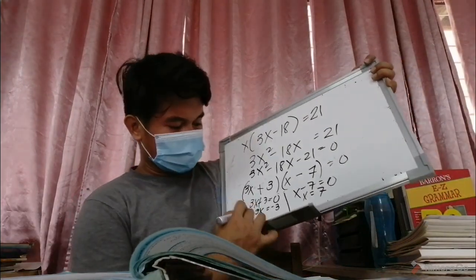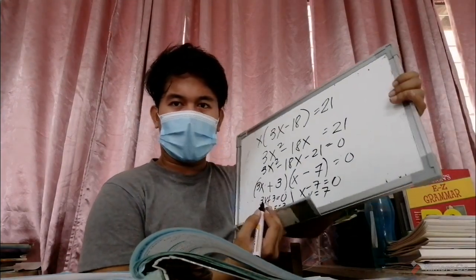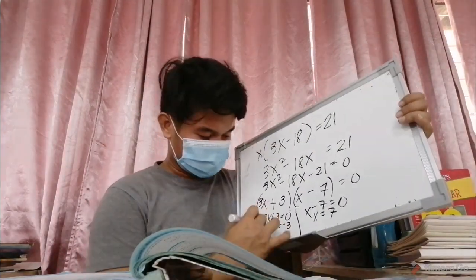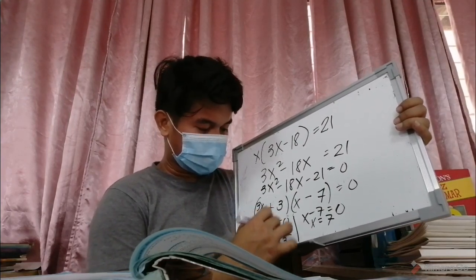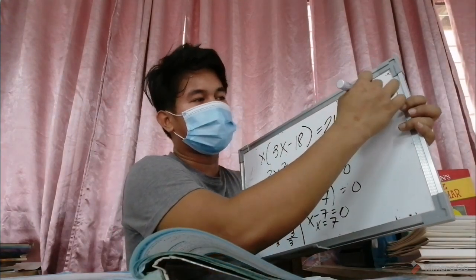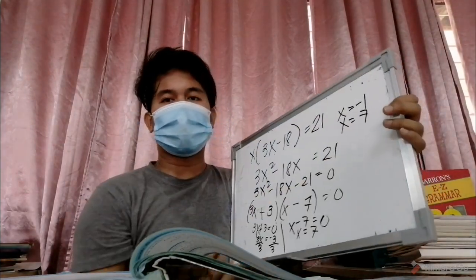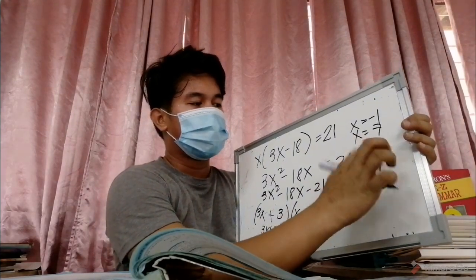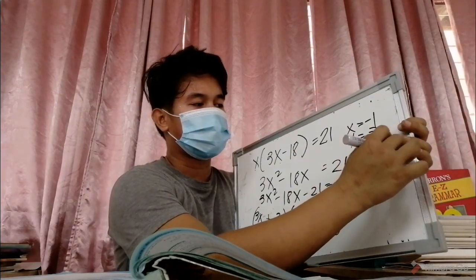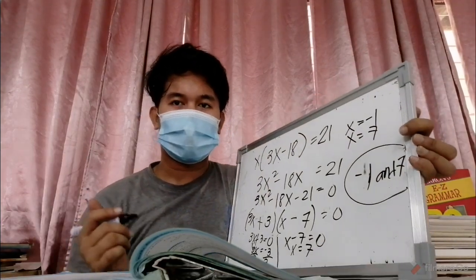As you can see, this one can be reduced to its lowest term. So divided by 3, x is equal to negative 1, and dito sa kabila, x is equal to 7. Therefore, our roots are negative 1 and 7.